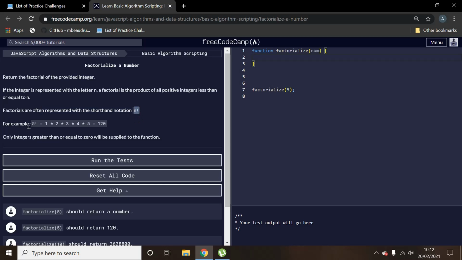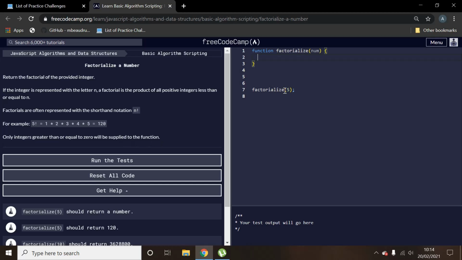For example, 5 factorial is equal to 1 multiplied by 2 multiplied by 3 multiplied by 4 multiplied by 5. So if there were 7, it would be 1 times 2 times 3 times 4 times 5 times 6 times 7. That's factorial. Only integers greater than or equal to 0 will be supplied to the function.